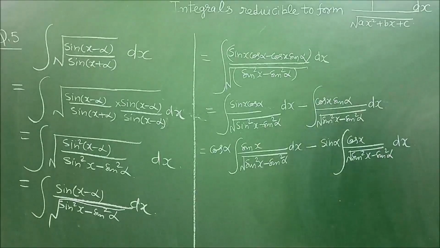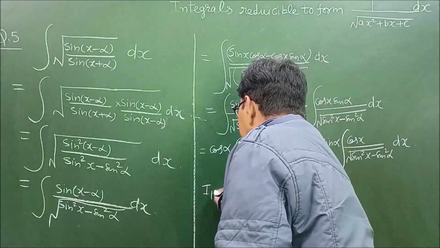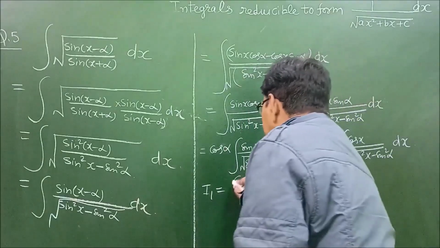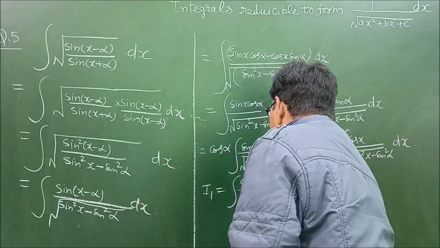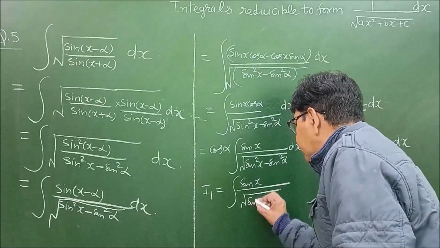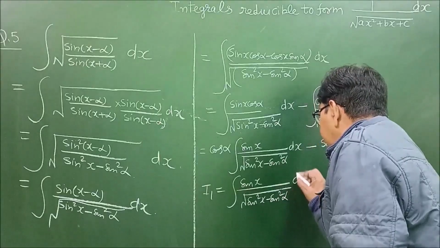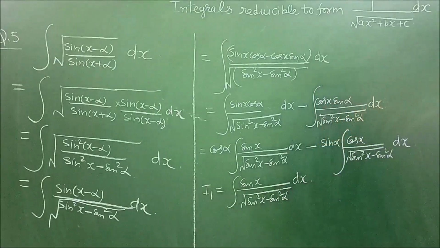Now let us solve the two integrals separately. So this integral I1 is equal to integral of sin x upon under root of sin square x minus sin square alpha dx.